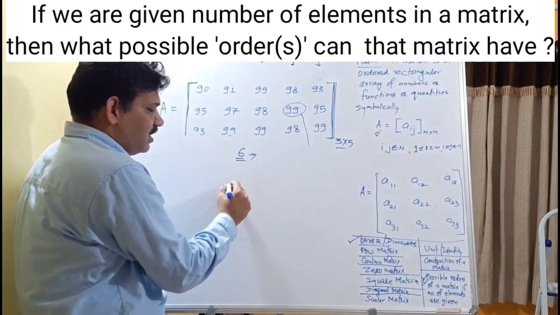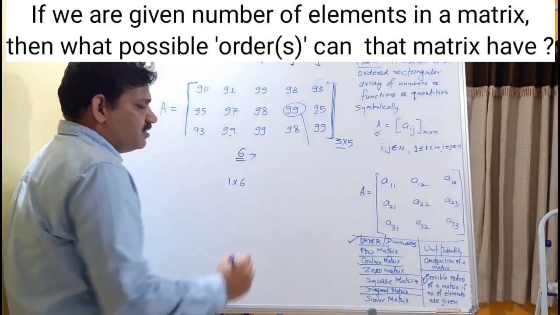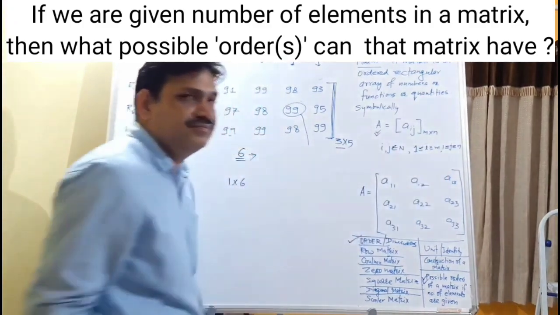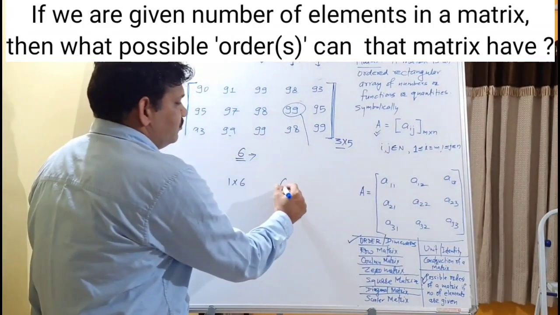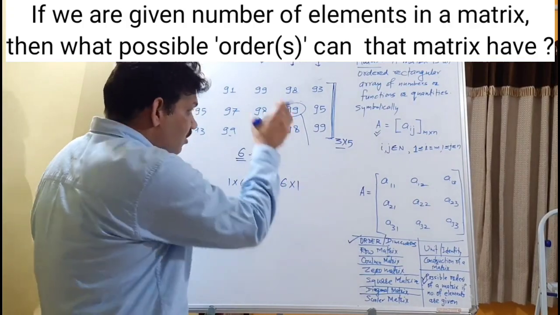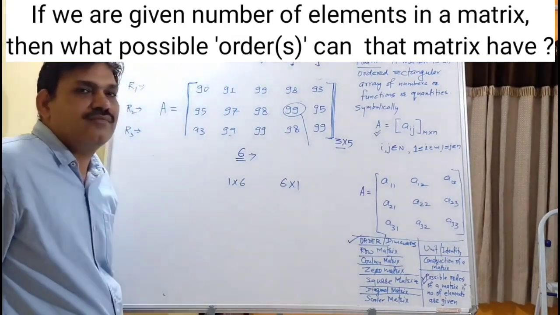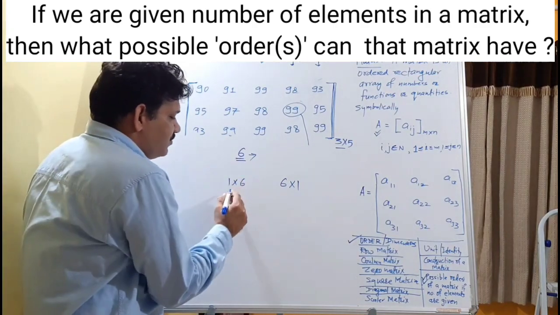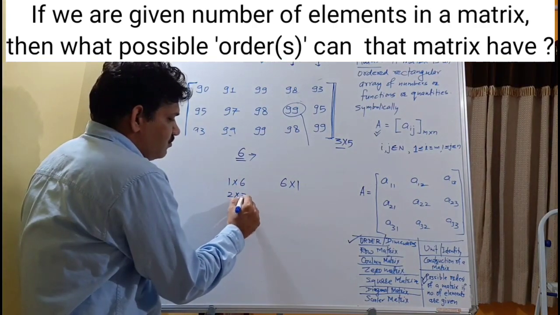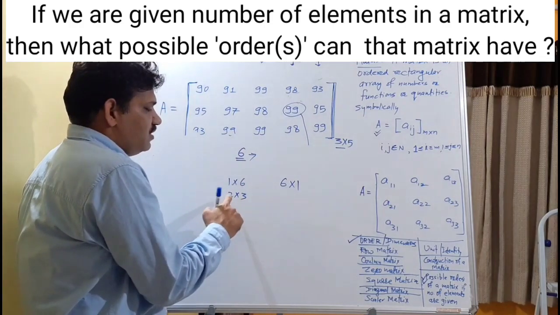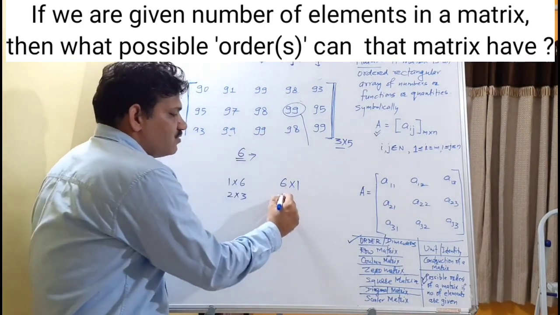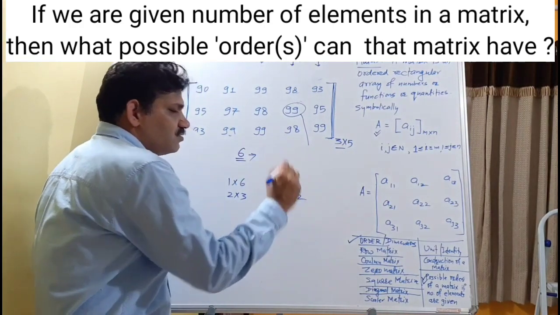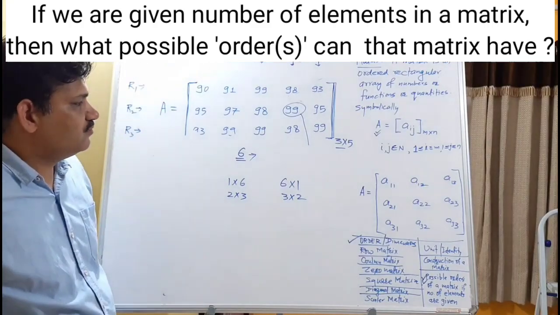So these 6 elements can either be arranged in one row or one column. Since 6 is divisible by 2, these 6 elements can be arranged in 2 rows and 3 columns, or 3 rows and 2 columns.